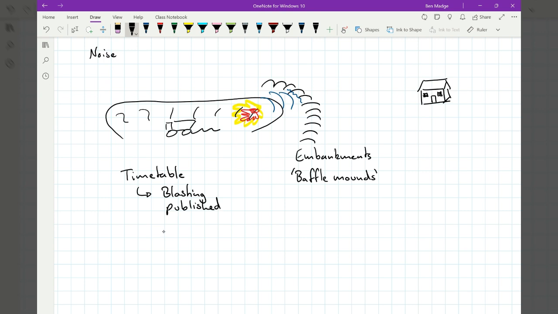It doesn't come as a surprise, so this avoids it being unexpected, which is particularly disruptive. And it would also be during daylight hours, not at night when people might be expected to be asleep. So this helps prevent it causing a nuisance to neighbours.